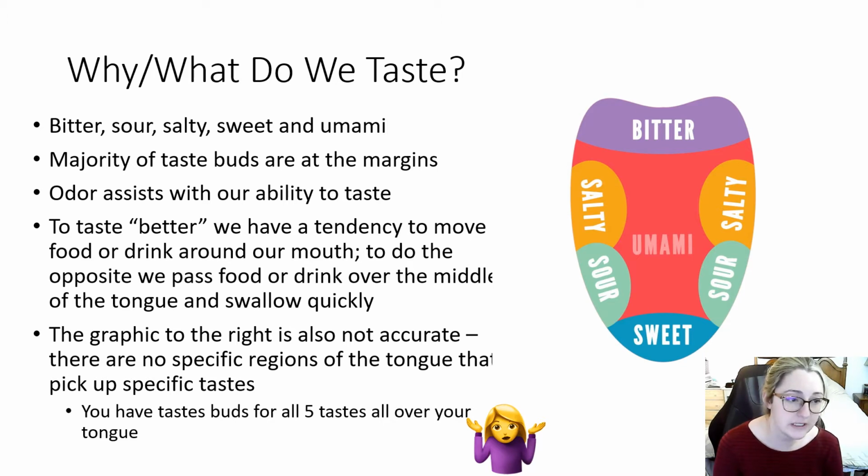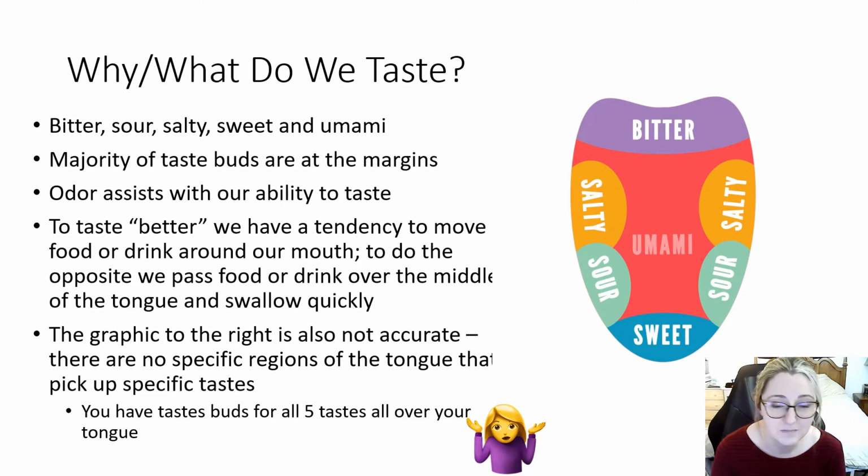The majority of your taste buds allegedly are at the margins of your tongue, although this little graphic over here isn't necessarily accurate. A lot of the science is sort of out when it comes to different regions of the tongue being specified to pick up those particular tastants.